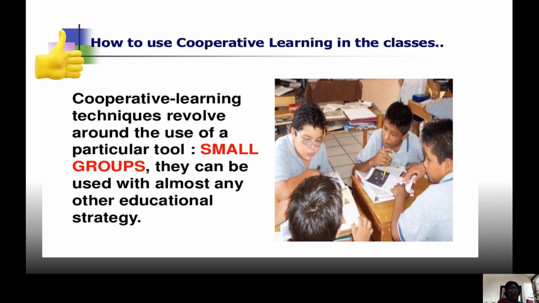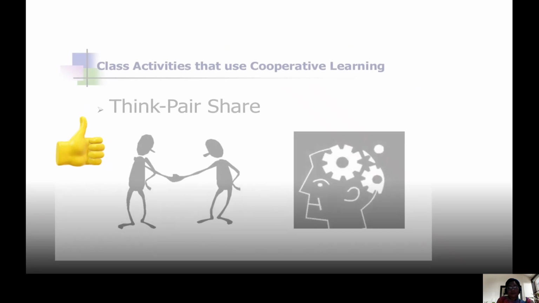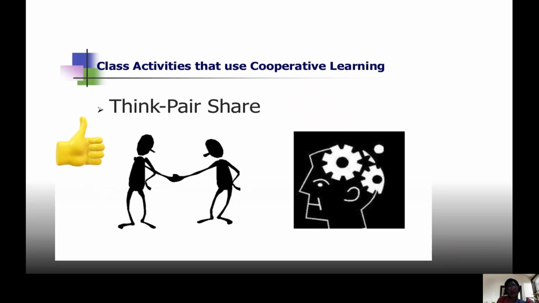So how do we use cooperative learning in the classes? Cooperative learning techniques revolve around the use of a particular tool. Small groups can be used with almost any other educational strategy. So, class activities that use cooperative learning.